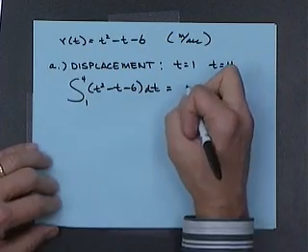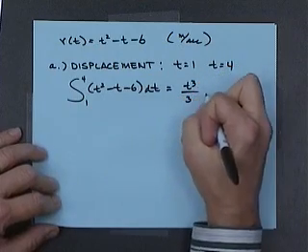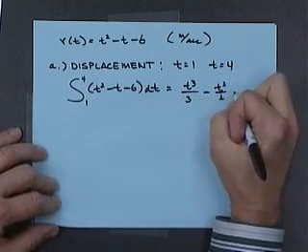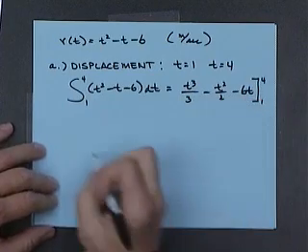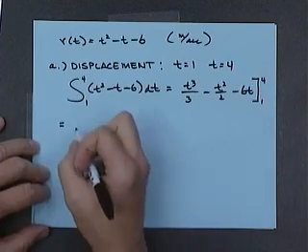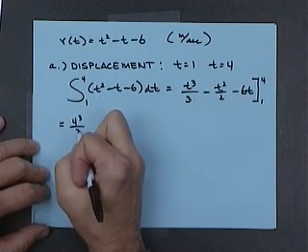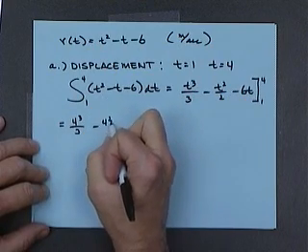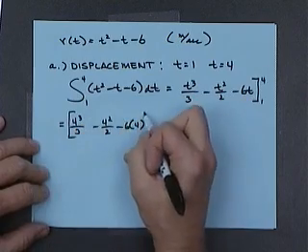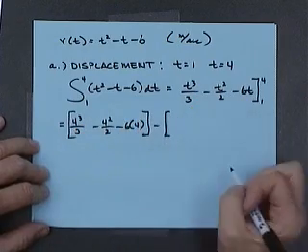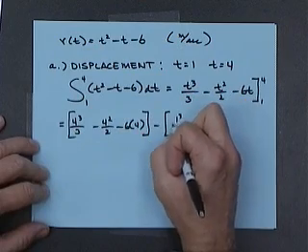So we integrate: t cubed over 3, t squared over 2, minus 6t. We'll evaluate from 1 to 4. So we'll plug in 4, plug in 1.